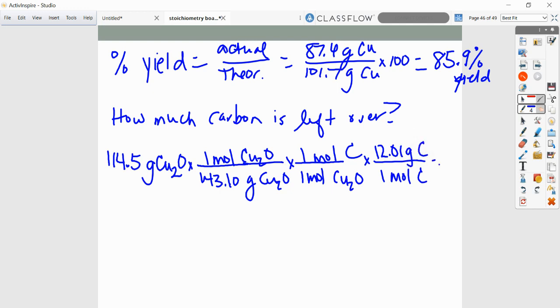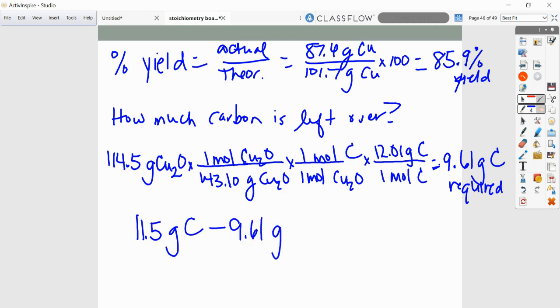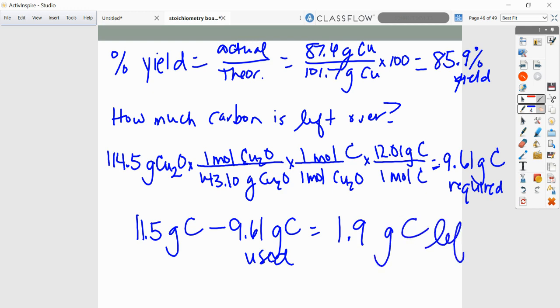That gives us that we need 9.61 grams of carbon. So we have 11.5 grams of carbon minus the 9.61 grams of carbon that's used, which means we would have 1.9 grams of carbon left over. That would be your excess reactant.